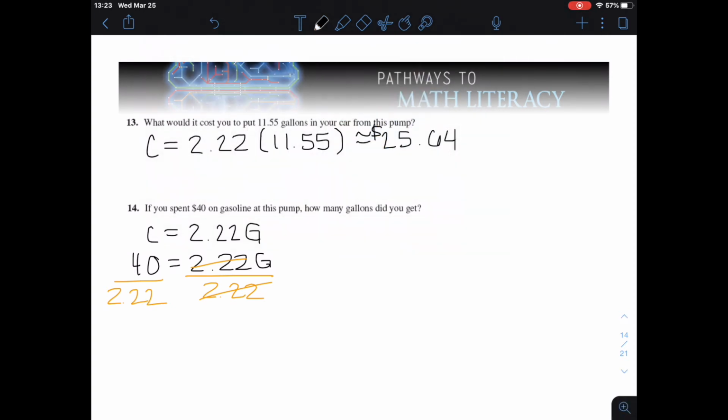So you're going to find out that 40 divided by 2.22 is about 18.01. So the number of gallons is 18.01. So if we spend $40, we know we've put 18.01 gallons in our car.